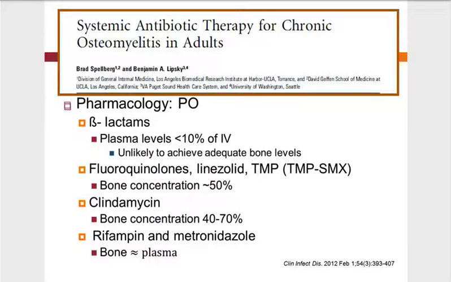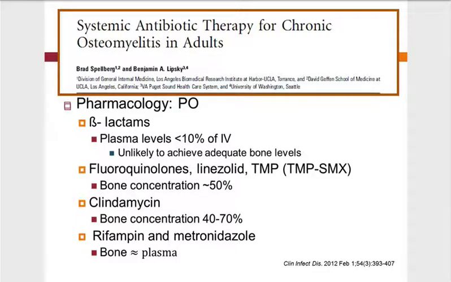Because oral beta-lactams get only about 10% of the plasma concentrations of IV, they're not ideal agents for bone infections, right? As tempting as it may be, and as convenient as it would be, they may not have enough penetration. However, there are antibiotics that we know have great penetration into the bone, and the concentrations are excellent.